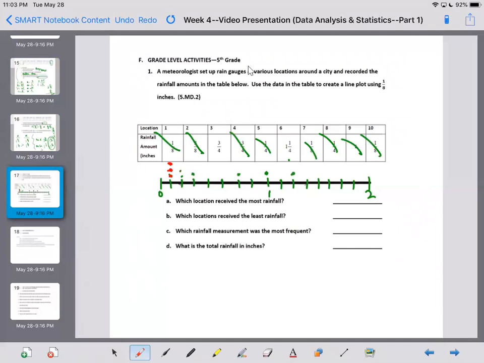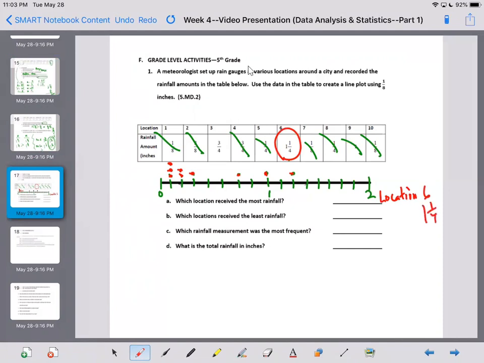So these line plots use dots to represent your frequency, how many times you see it. So which location received the most rainfall? And we would say location 6, at 1 and 1/4 inches.